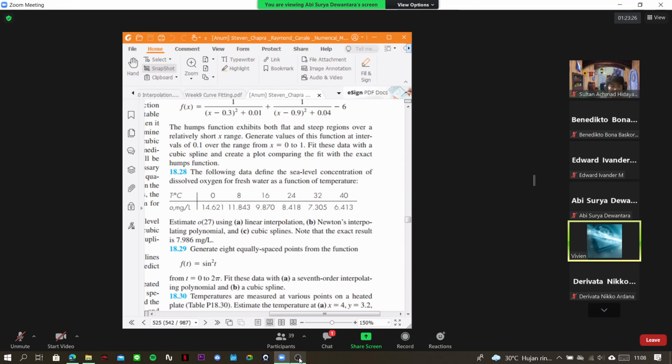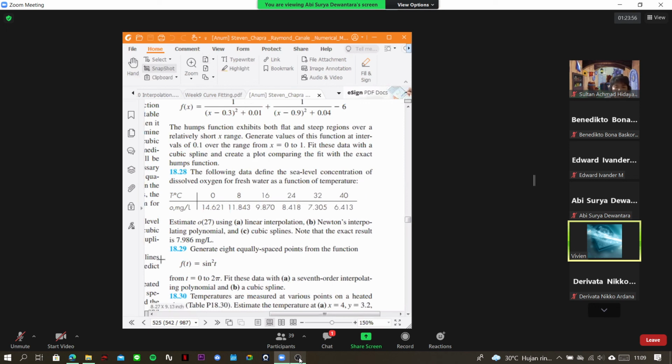So finding the interpolated value using a fourth order function. So when we use the Newton interpolating polynomials, it means fourth order, and also for the Lagrange it is fourth order. Okay. And then you can compare that with the exact result. So there is an exact result there, in which the value is 7.986.